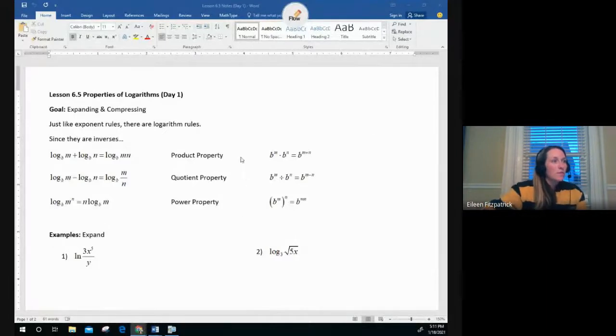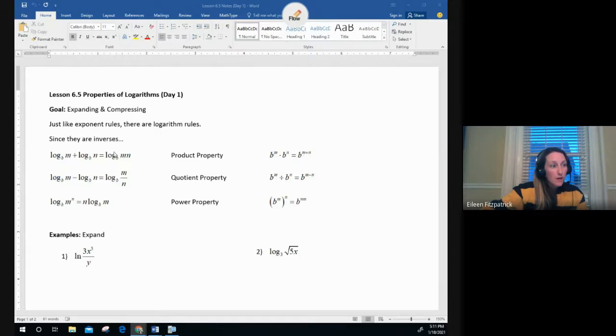Okay, so we're going to talk about properties of logarithms, and our goal today is to expand and compress or condense. Just like exponent rules, there are logarithmic rules: the product property, the quotient property, and the power property. I wrote the exponent rule you're familiar with over here. For the product property, when the bases are the same, the rule is to add the exponents.